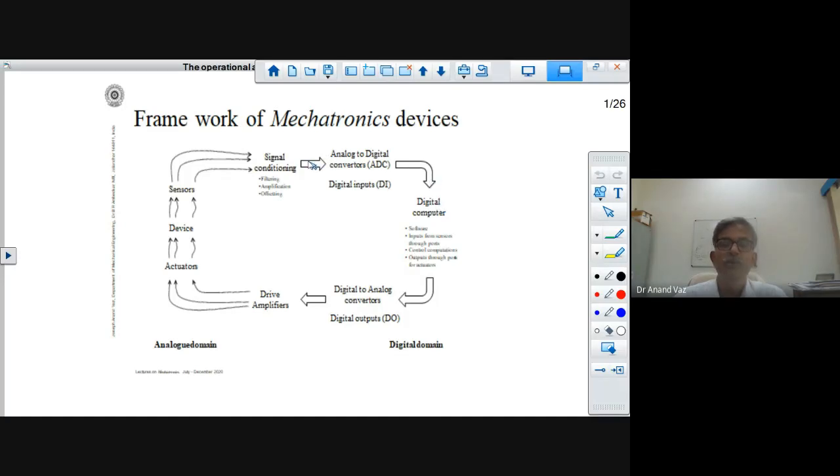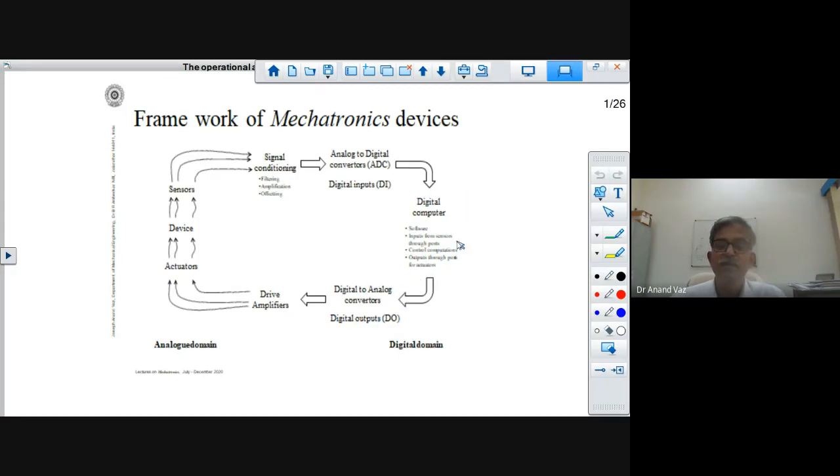So the only means for us is to use an analog to digital converter. We have already seen how we can go from the digital domain to the analog domain using the operational amplifier and the resistive ladder sort of network. So this part we have already covered.